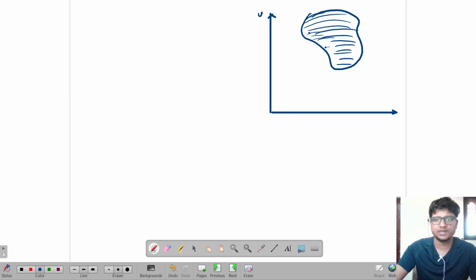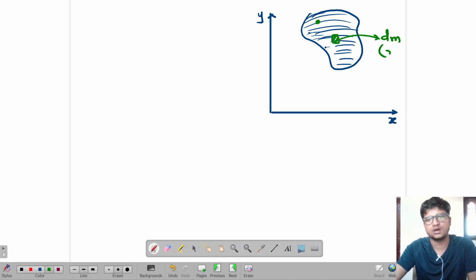This is the y axis and this is the x axis. So how to find it? There are so many masses present. So the idea is just consider a small mass dm, which is located at some x and y coordinate. Tell me yes or no. Now see, the position vector of this dm I can define.